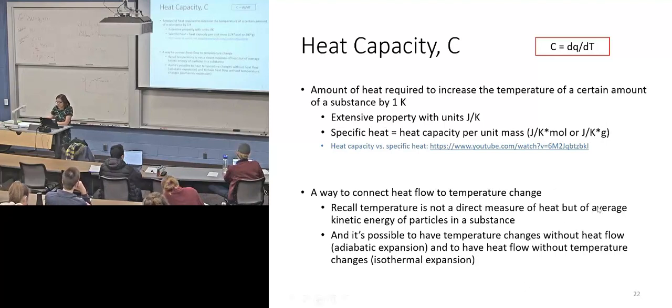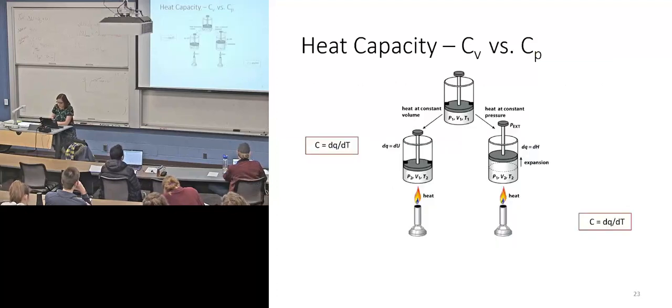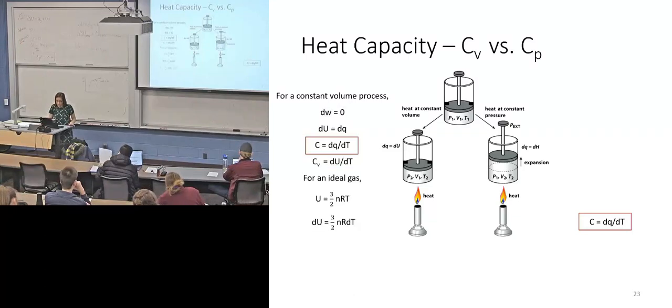We had two different heat capacities that we talked about last time: the isometric heat capacity and the isobaric heat capacity. For constant volume, we'll use a subscript lowercase v, and for constant pressure, we'll use the p subscript. I'm not going to go through these proofs again. We did them on the notes, and they're here in the slide for you as well.